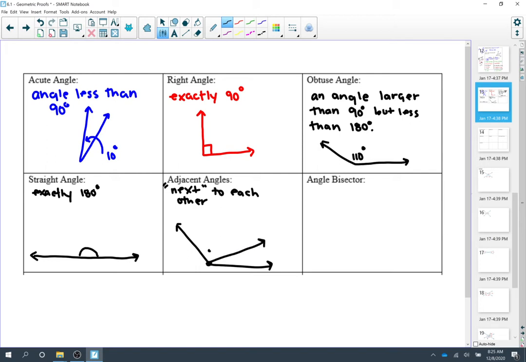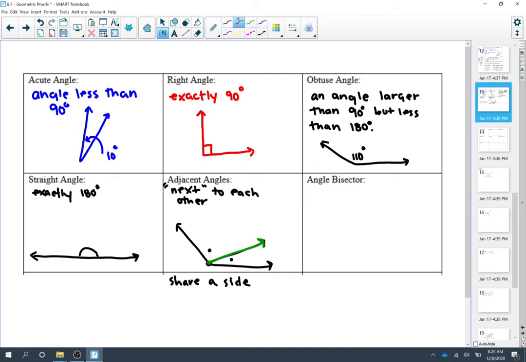Then this angle right here and this angle right here are adjacent. So another way to say this is they share a side, or they share a ray. So right here is the side that they would share. The top one has the black one and the green one. The bottom one has a different black one and then also the green one.